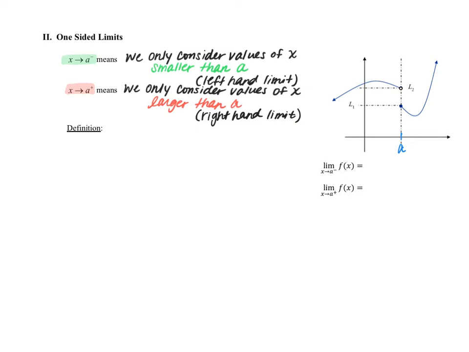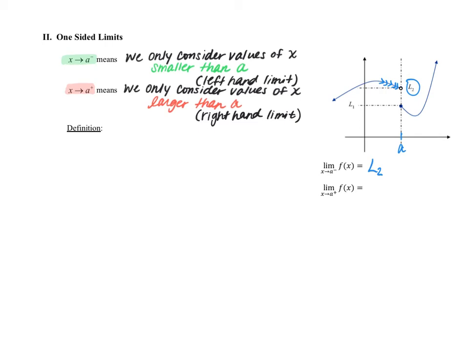And that means I'm going to ignore all of the values that are larger than a and only consider the values of x smaller than a. So that means I would be here on the left-hand side, and I'm crawling along the graph getting closer to x equals a, and it looks like my y values are getting closer to this y value, which is marked as L sub 2. So the left-hand limit would be L sub 2.